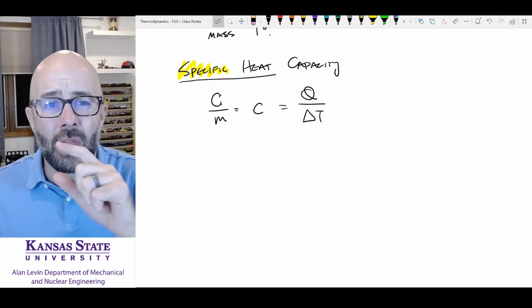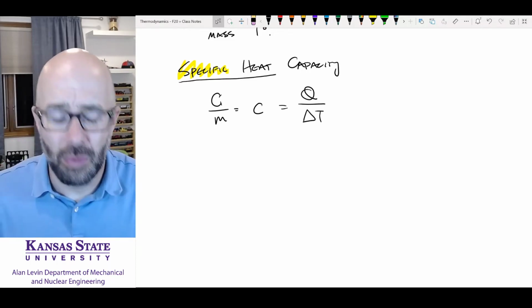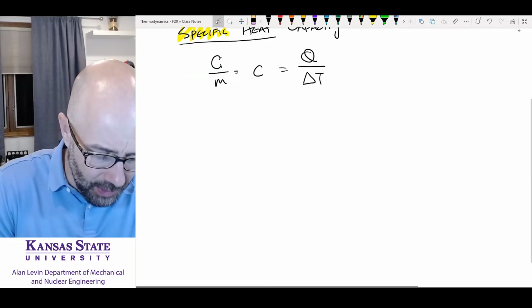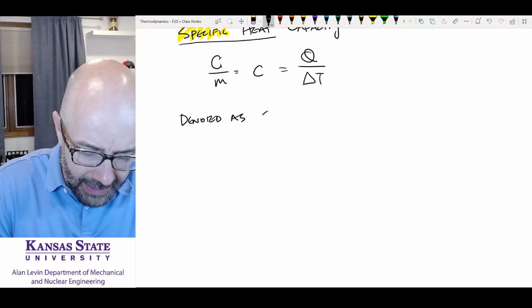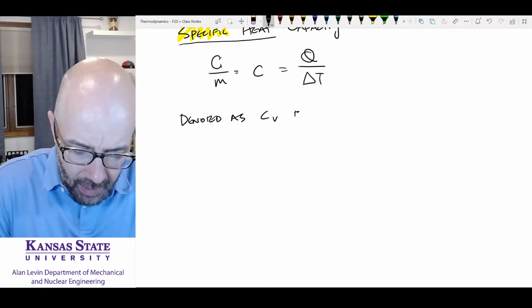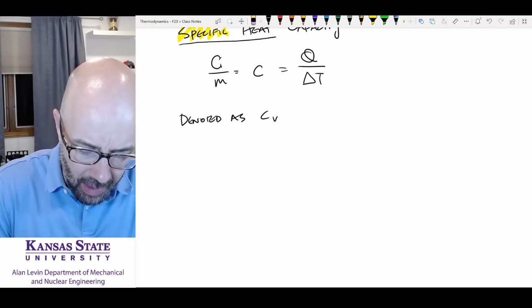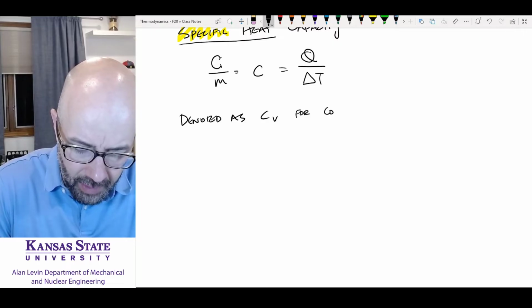Okay, now there are two types of heat capacity that we're going to deal with. It's denoted as C sub V for constant volume heat capacity.